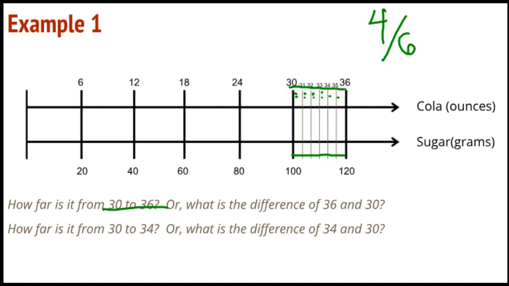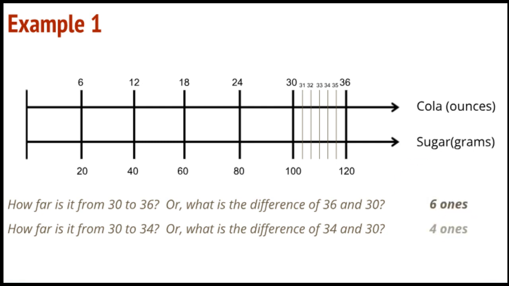I'm looking and saying, how many pieces do I have? 6. 1, 2, 3, 4, 5, 6. And 34 is 4 of those. It is 4/6 of this tape diagram. And hopefully your head is going, yep, I totally see that. All right, so we're going to file that 4/6 away, and we're going to hang on to it.